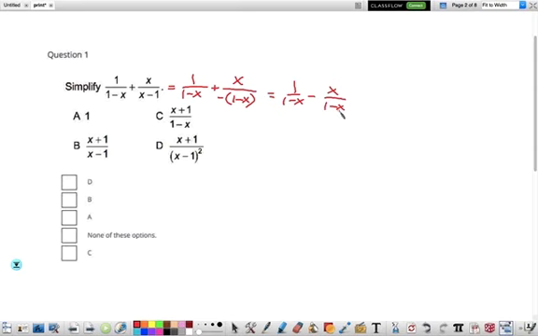You need to know that this negative, it doesn't matter if it's here, here, or right here. It all means the same thing. So we have a subtraction problem, and now you have 1 minus x over 1 minus x, and that is equal to 1. So the correct answer is A, which is not that box.